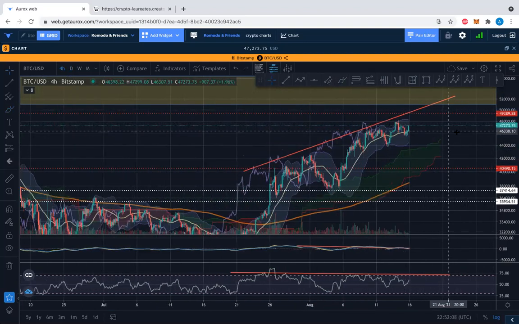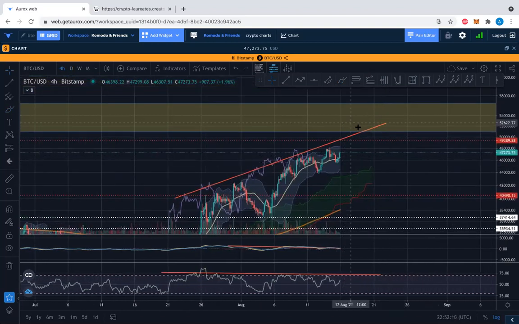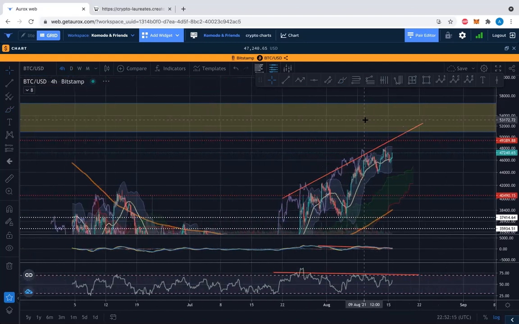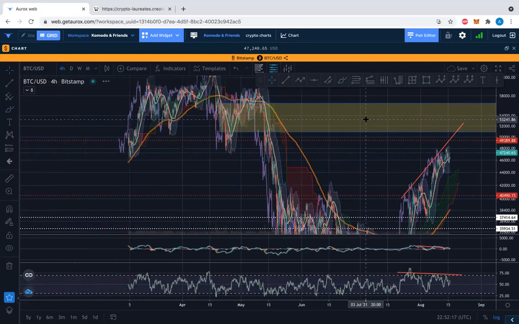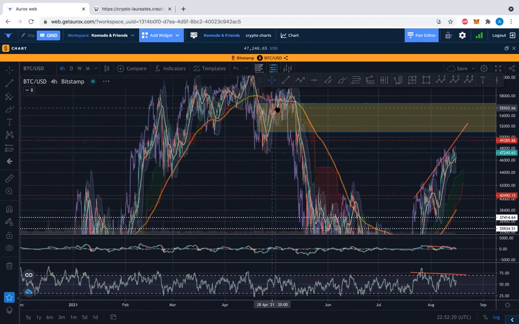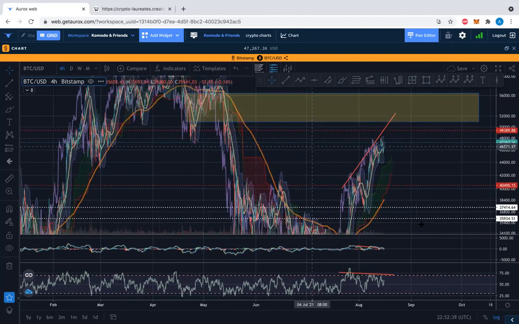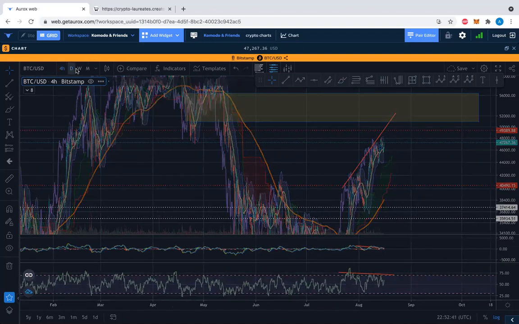Ultimately, we're looking for this yellow zone target between roughly the 50 to 56,000 level, corresponding basically back here to this halfway point. It's above this support resistance level, and at the top of this resistance level here at 56. So that's the idea. That's where we're looking to go, and that is on a daily price chart.